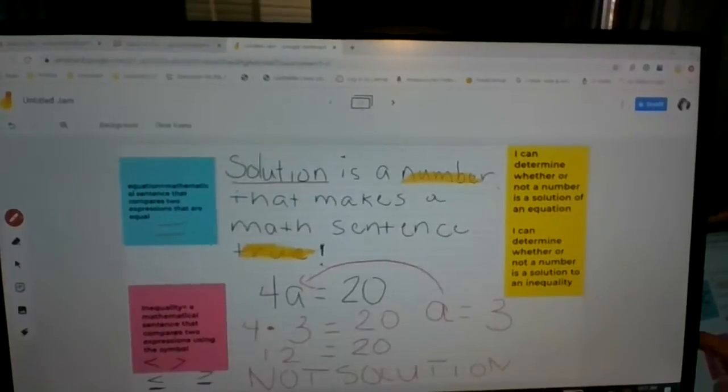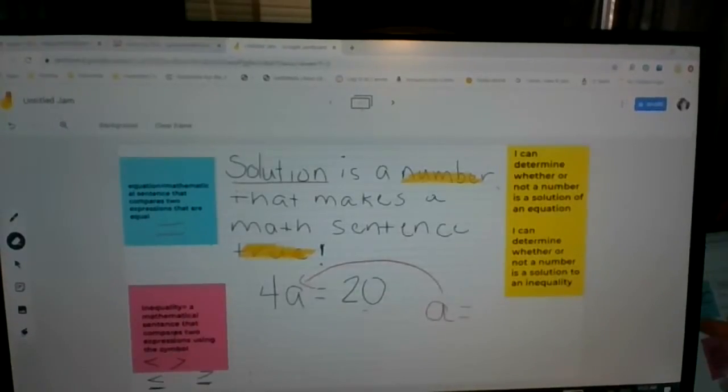So far, so good? All right, let's do another one. I'm going to erase this idea. This time I'm going to tell you that A is equal to 5. Let's try it. 4 times 5 is equal to 20.